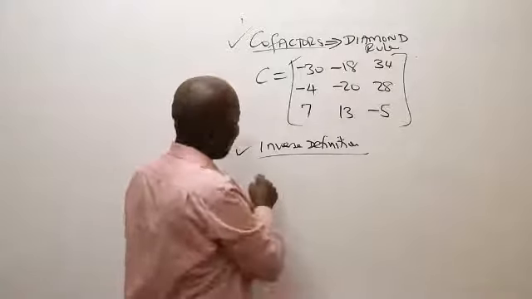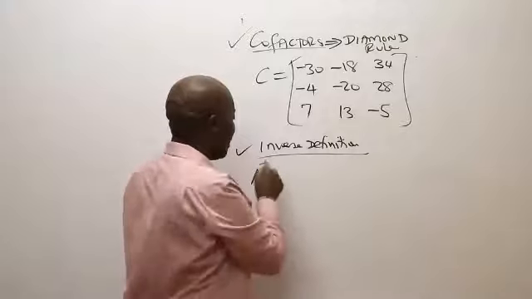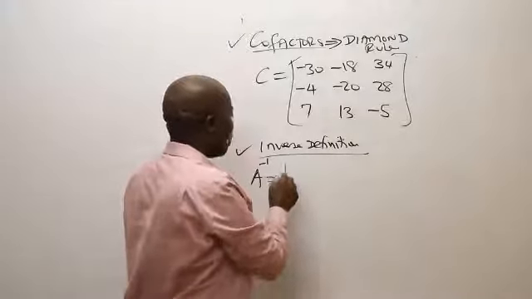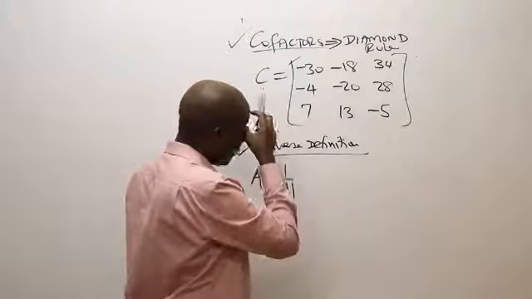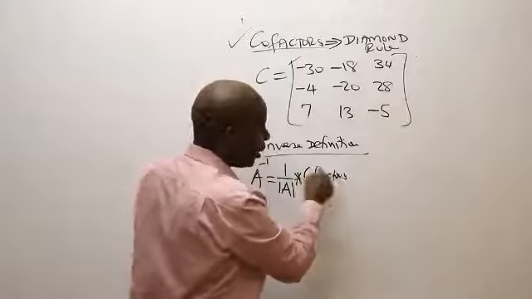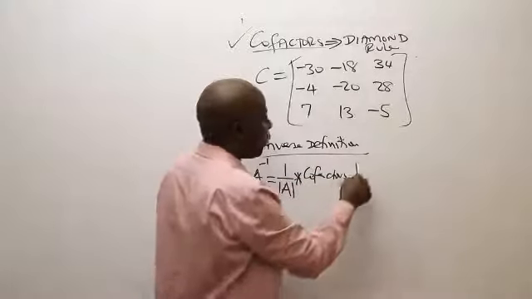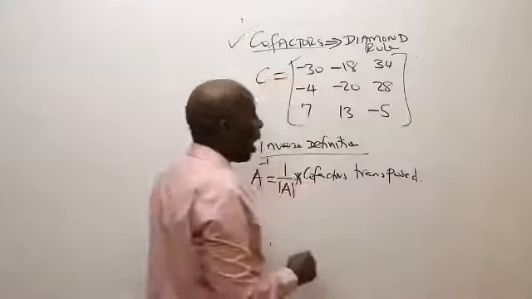A universe will be equal to 1 over the determinant into the cofactors transposed.